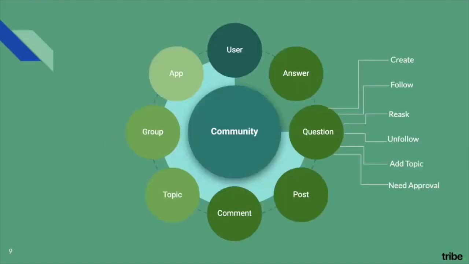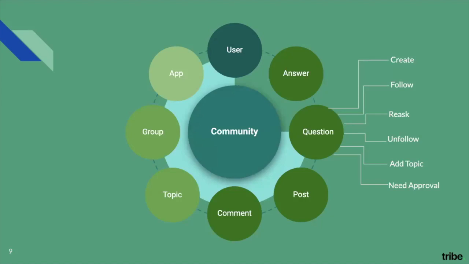And the good thing about Tribe is that we track everything and every one of those events. When you look at those different types of events, there are around 9 categories: posting a question, answers, comments, topic, groups, and users. So each of these categories has its own certain events.